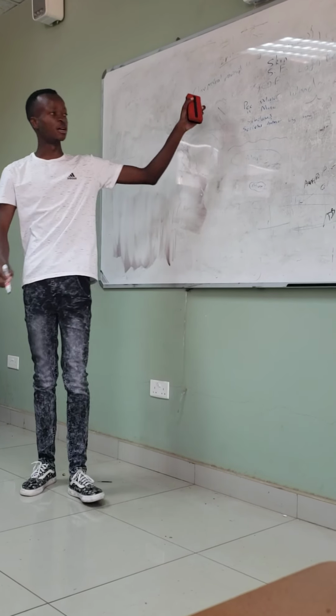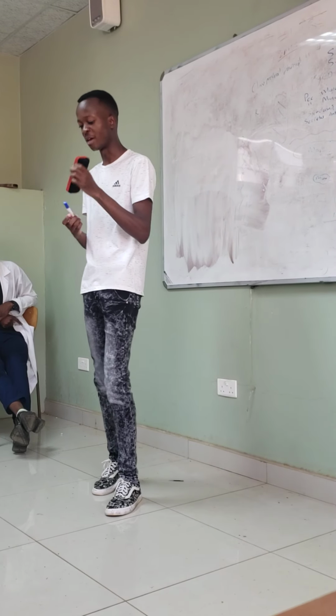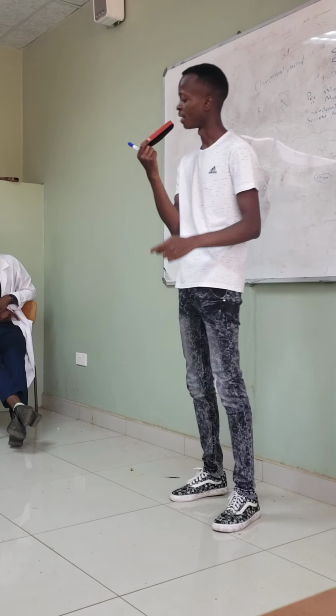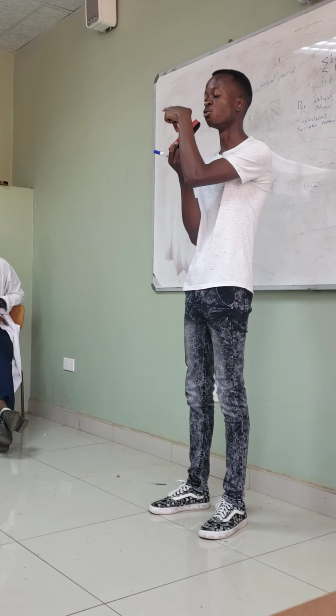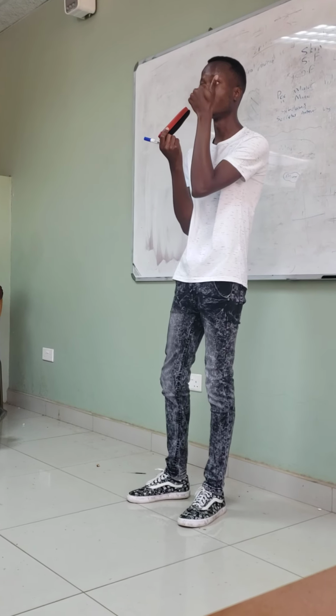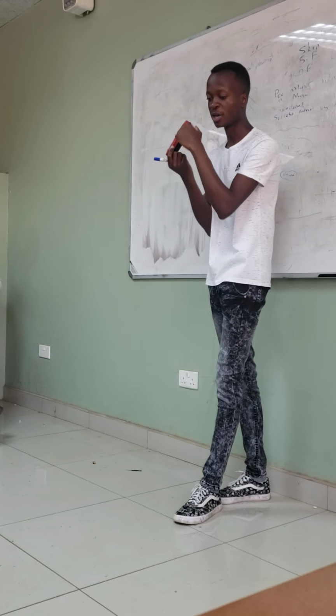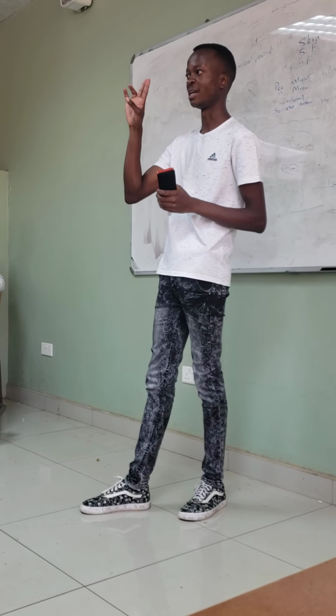Can you see these fibers are oriented in one direction? That's a unipennate. Or you can have fibers like this. Right? The tendon is central. Then you have fibers on this side going in this direction, and this side going in this direction. That's bipennate. Or you can have a muscle like the deltoid, which has fibers going in more than two directions.